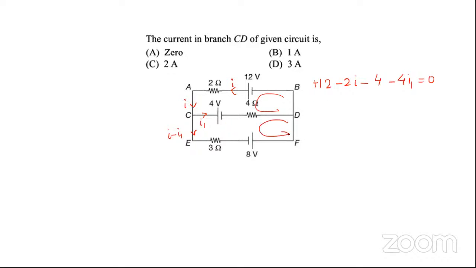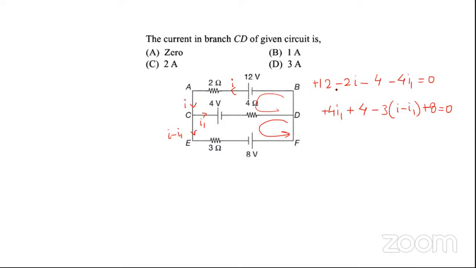Now in the second loop, that is DCEF, I have against the current, so plus 4I1, towards positive of the battery, so plus 4, and then with the direction of current, so minus 3(I minus I1) and plus 8 equals to 0.